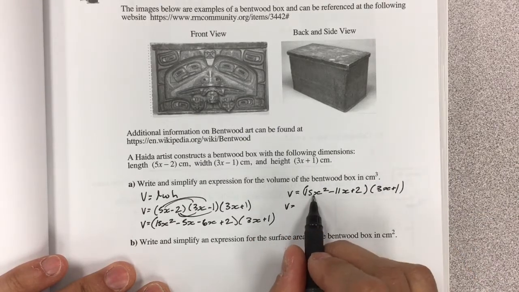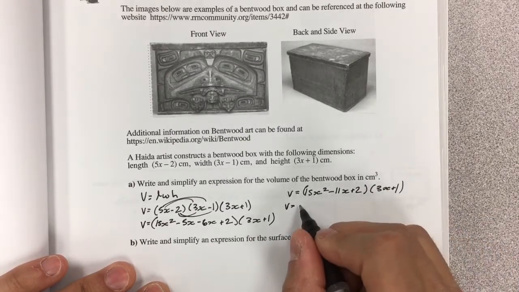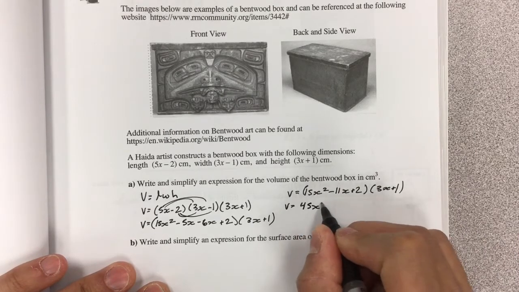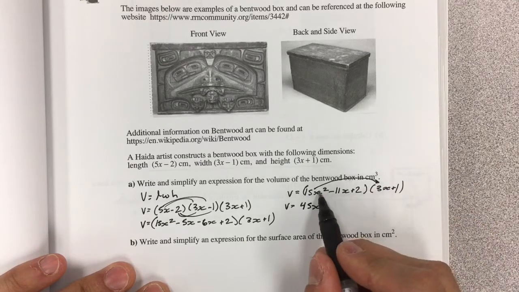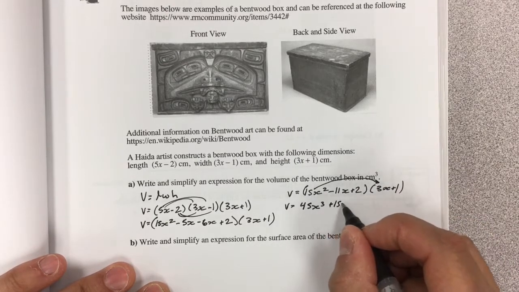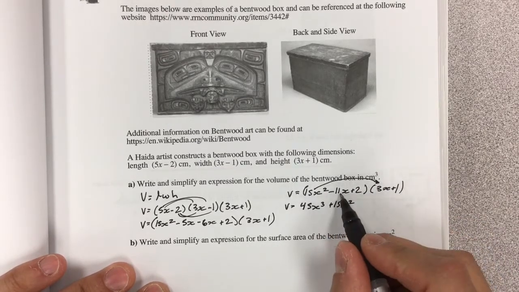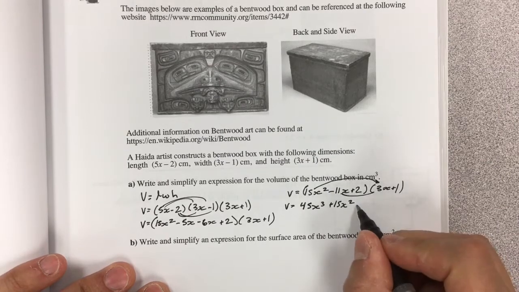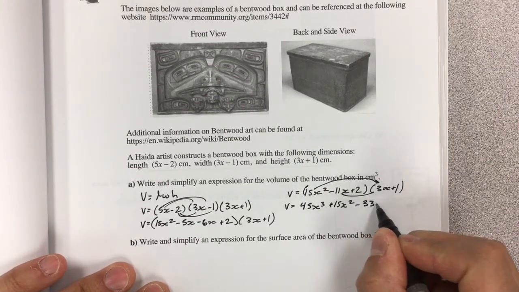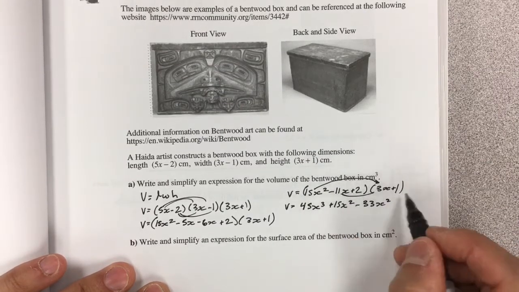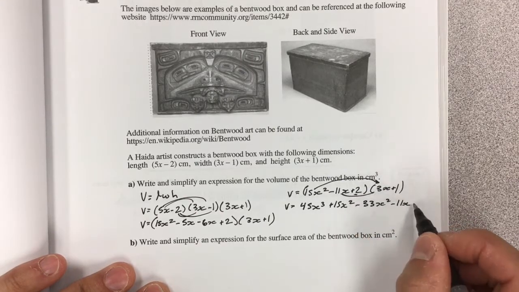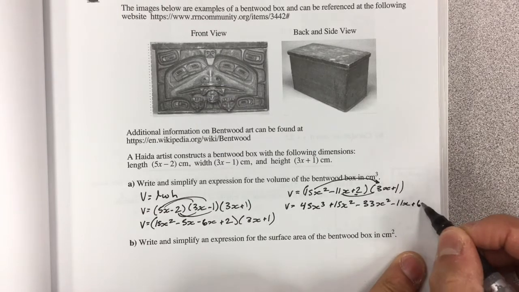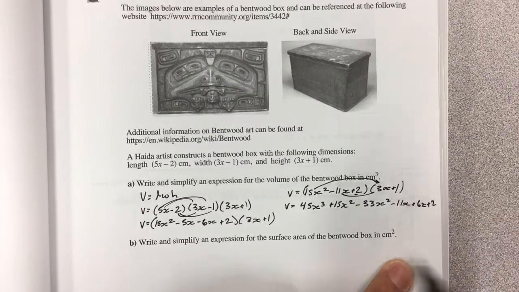So 15x squared times 3x, I'm going to get 45x cubed. And then I have 15x squared times plus 1, so plus 15x squared, minus 11x times 3x is going to be negative 33x squared, minus 11x. And then I have plus 6x plus 2.